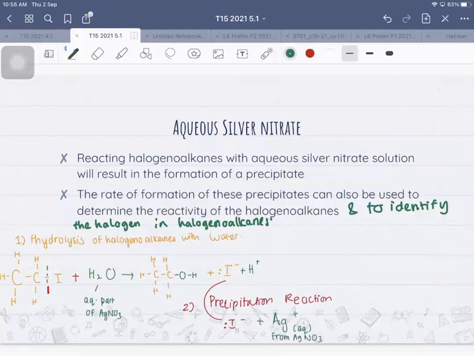The iodide ion is from the product of hydrolysis, to form a precipitate. Please take note of the state symbols. Iodide ions are aqueous, silver ions are aqueous, and then you form silver iodide, which is a solid, which is a precipitate, and therefore is a solid. Okay, so this is where we see the precipitate form.